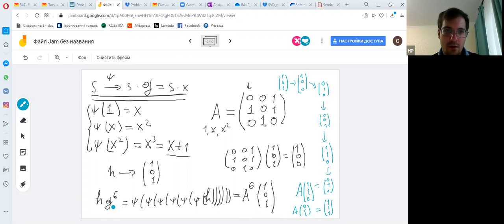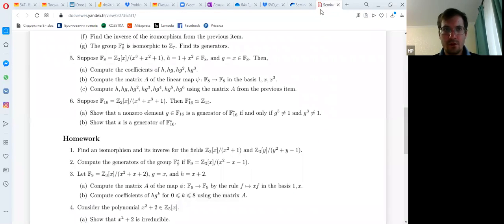So this corresponds to 1, 1, 1, and this is 1 plus x plus x squared. This is the answer when we compute G multiplied by H multiplied by G to the 6th. So we have solved number 5.